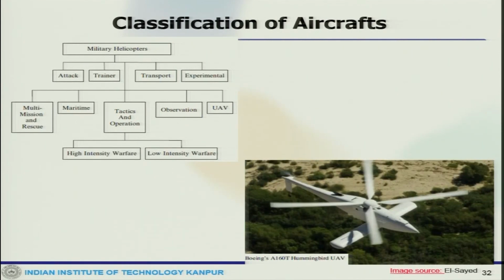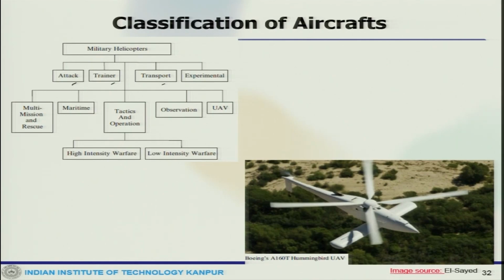Then you come to some of the military helicopters, which are used for, I mean, one category could be used for attack, another for training, then there could be transport. So, there are different missions they are used for. This is a Boeing unmanned air vehicle.